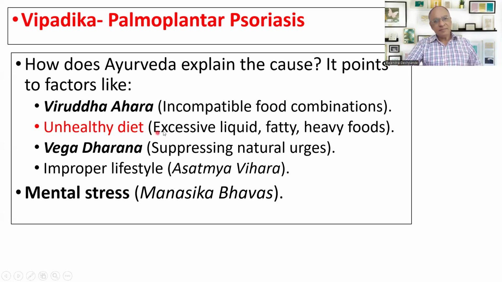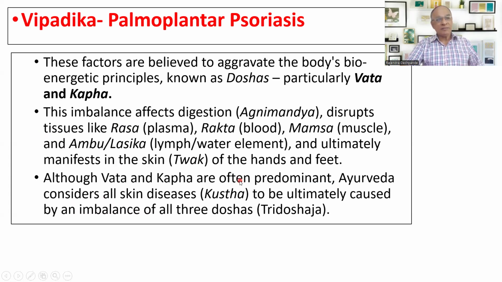Unhealthy diet, that means excessive liquid, fatty, and heavy to digest foods. Vegadharana, suppressing natural urges like urination, defecation, hunger, thirst, sleep, etc. Improper lifestyle, asatmya vihar. And an important factor is mental stress, that is manasika bhavas.